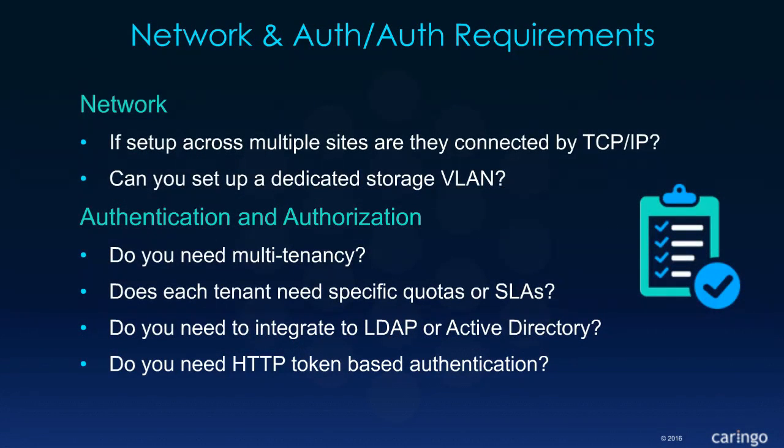That last bullet in particular, HTTP token-based authentication, is another area where we're seeing a lot of interest in the field, and that is mobile. You have a lot of mobile applications that are able to talk to Amazon S3, for example. The way those applications are written is for token and secret.